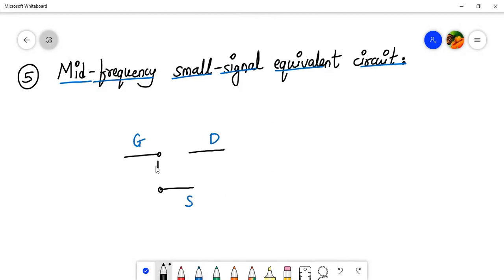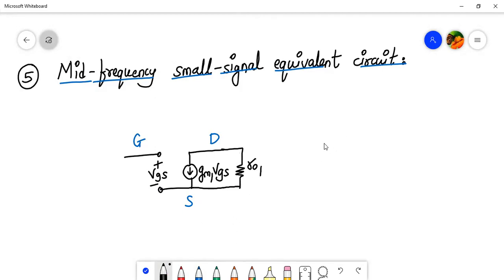Between the gate and the source, we just have VGS, and between the drain and the source, we have GM1 into VGS. Also we have RO1, which was given to us. This is the model for the JFET.